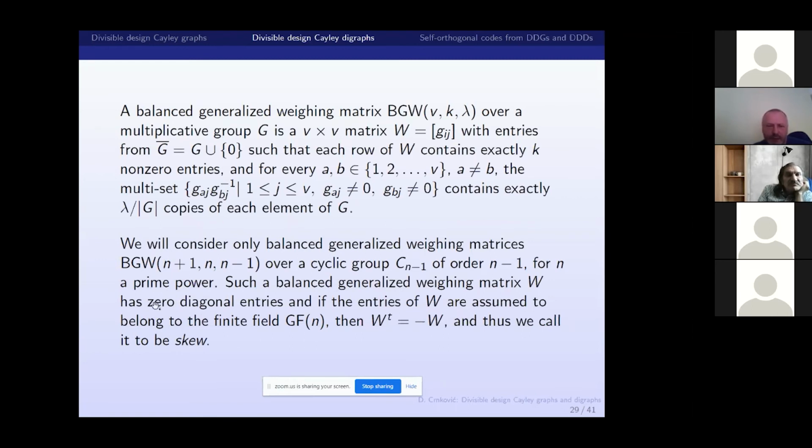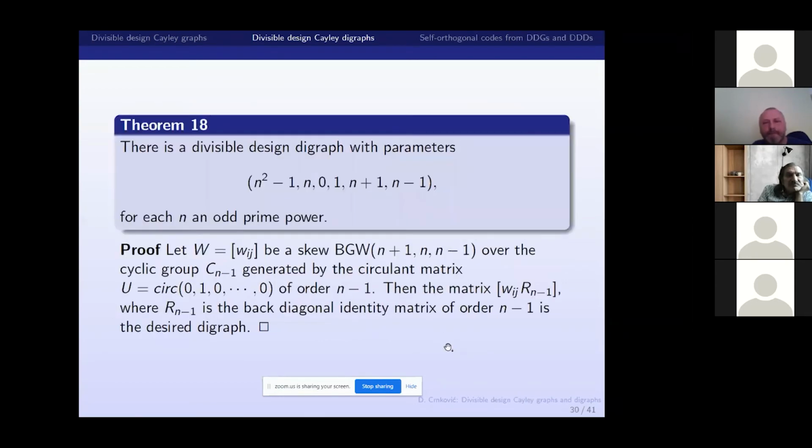Such a matrix W has 0 diagonal entries, and if the entries of W are assumed to belong to the finite field of order n, then the transpose of that matrix W is actually minus W, and so we say that this is a skew matrix. And so there is a divisible design digraph with these parameters for each n which is an odd prime power.